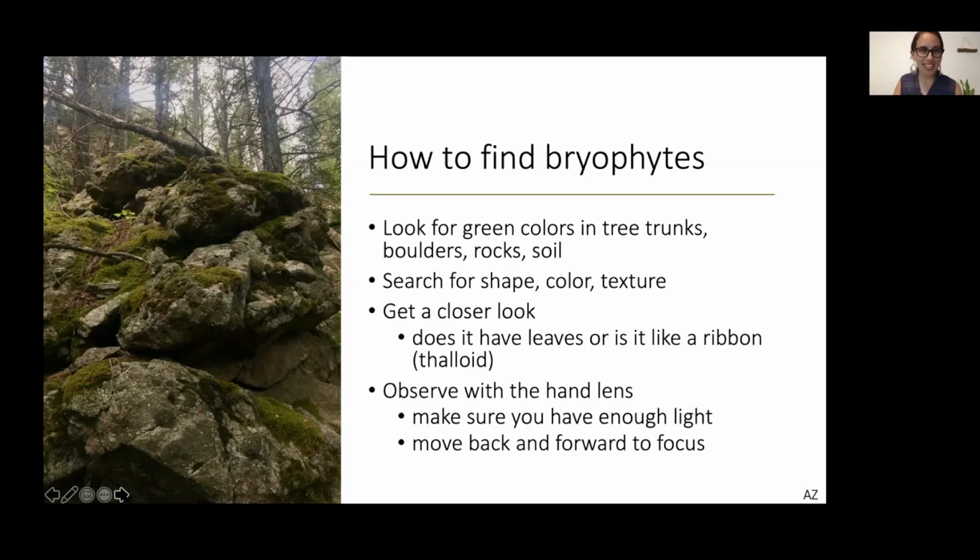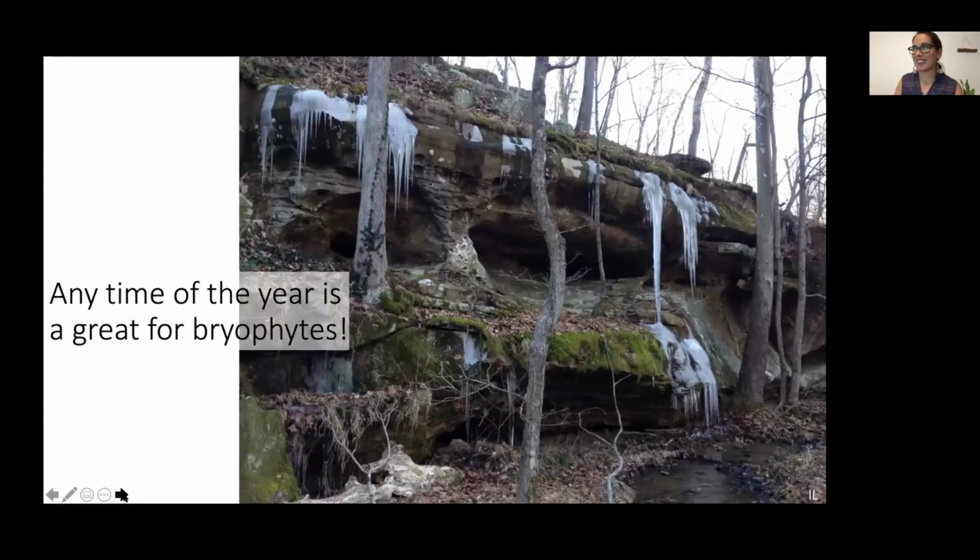Okay, so next slide. Now, anytime is a great time for bryophytes. This one is from Illinois, and this was January. Of course, not everybody has winters like that, but on warm days of winter, you can see the green patches, especially in those first few warm days when the ice is melting.